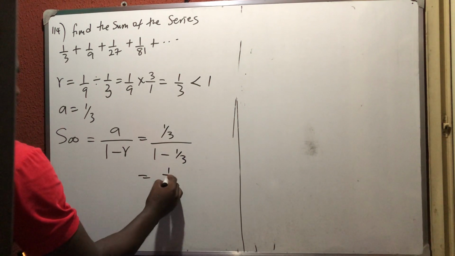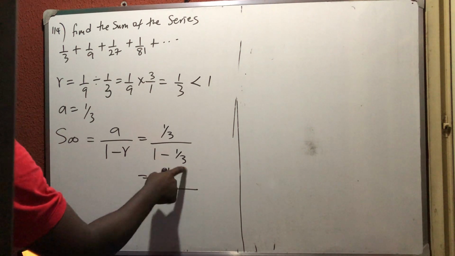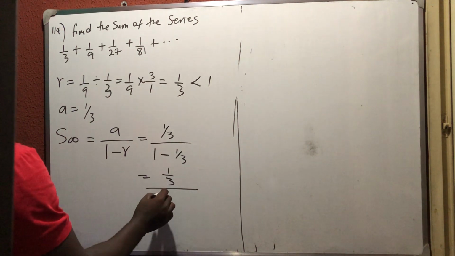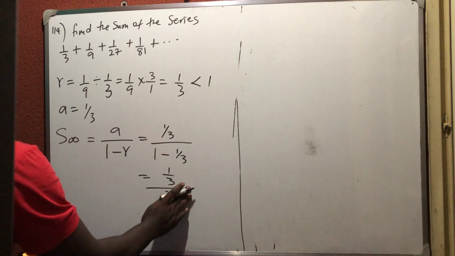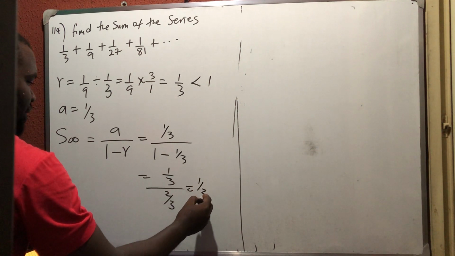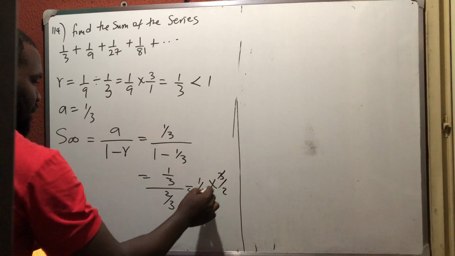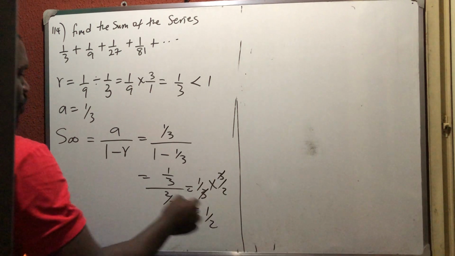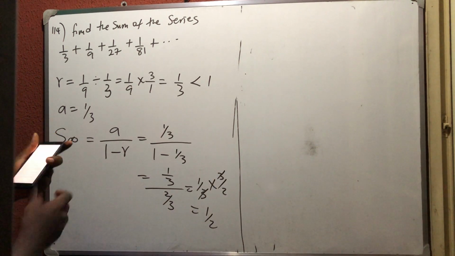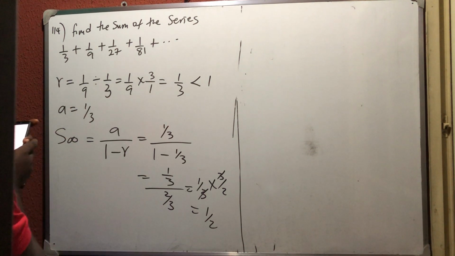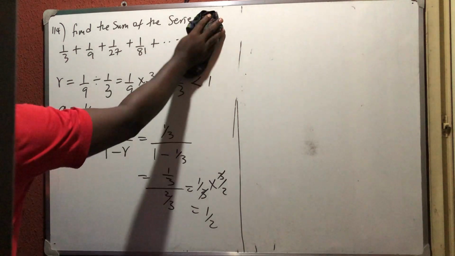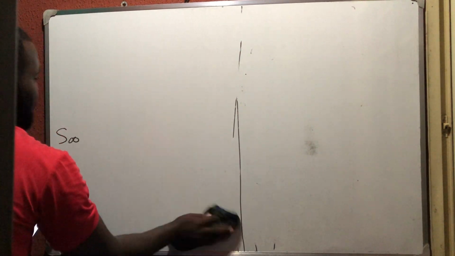So my answer is 1/3 divided by 3 minus 1 over 3, which is 2/3. So what do you have now? This is 1/3 times 3/2. This cancels this. So my answer is 1/2. So 1/2 is the sum to infinity there. Okay? 1/2, correct.